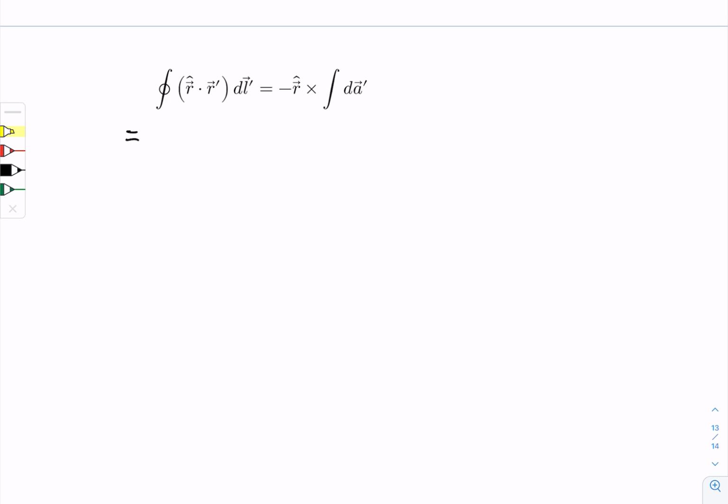First, what we can do is, here on the left hand side is a line integral, and on the right hand side is a surface integral. So the first step is we can do something using the Stokes theorem. The Stokes theorem claims that a line integral across a closed loop can be replaced by a surface integral with a del cross.